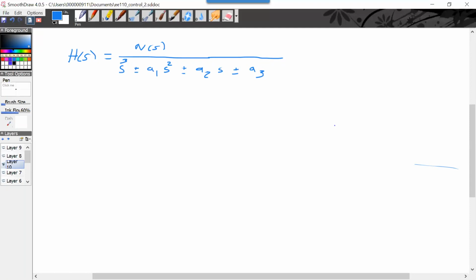What I did want to do, I'm just scrolling through my notes here, of how could a system kind of become out of control, all right?